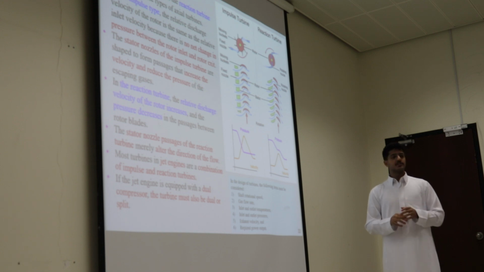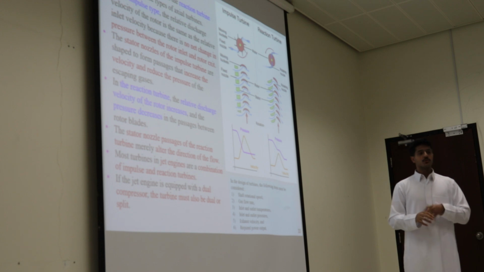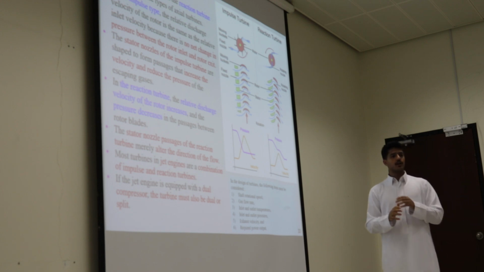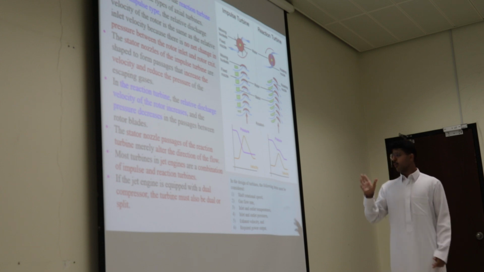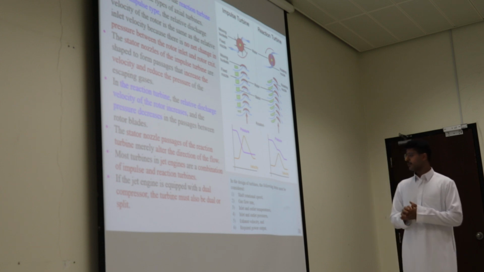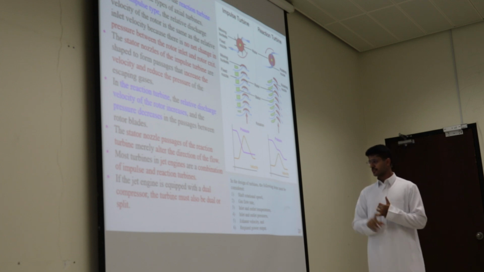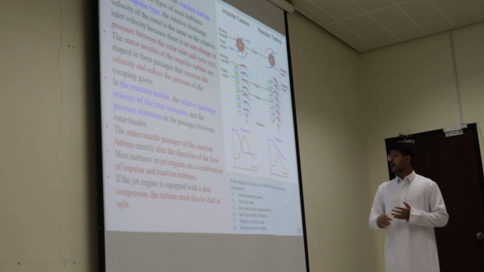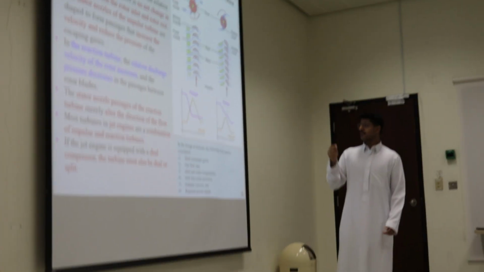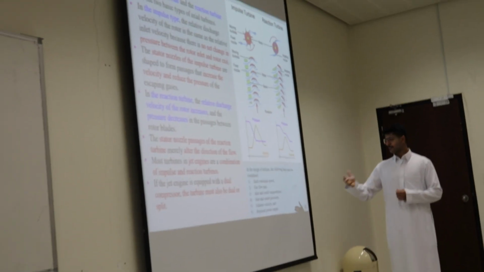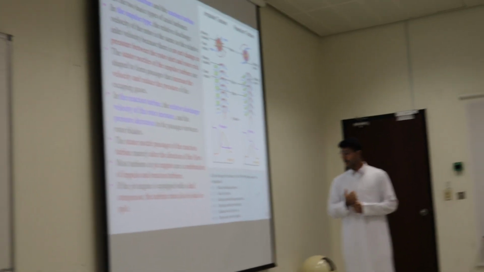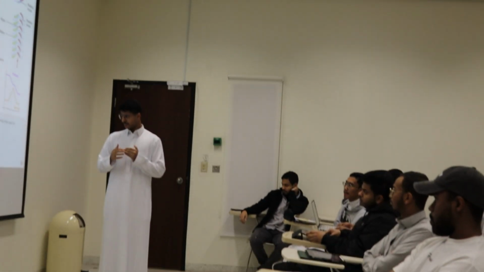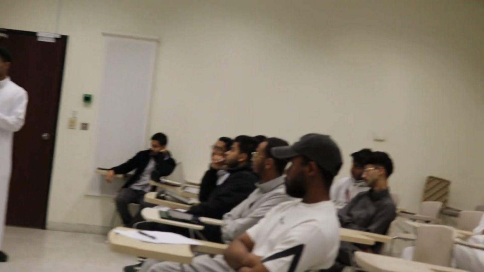If the jet engine is equipped with a dual compressor, the turbine should be multi-stage to power the compressor stages efficiently. When we design a turbine, we should focus on the shaft rotational speed, gas flow rate, and the inlet and outlet temperature, because the rotor blades shouldn't be affected by the high temperature coming from the compressor.